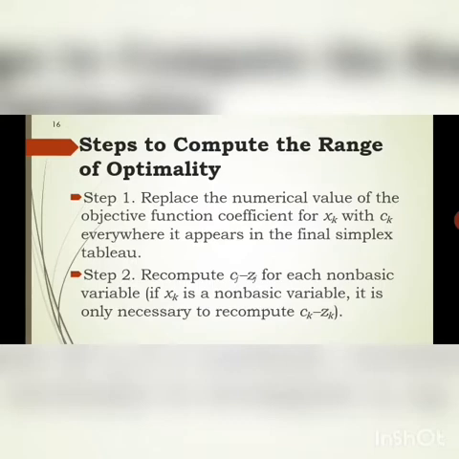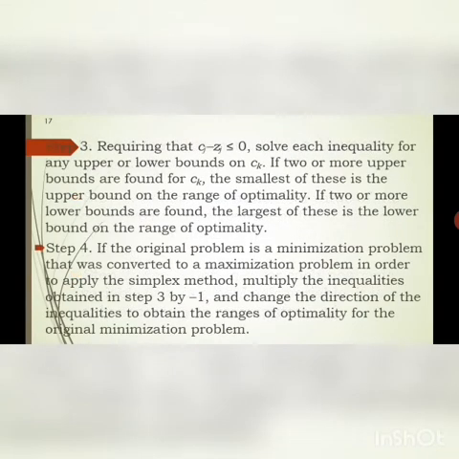If x sub k is a non-basic variable, it is only necessary to compute c sub k and z sub k. Step 3: requiring that c sub j less z sub j is less than or equal to 0, solve each inequality for any upper or lower bounds on c sub k.